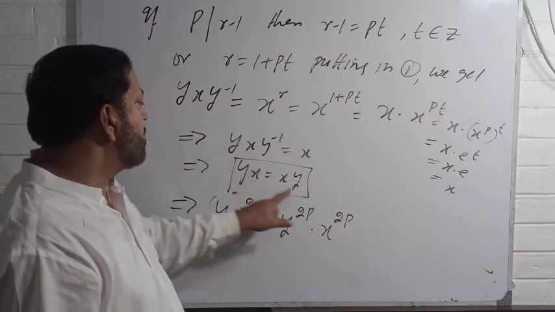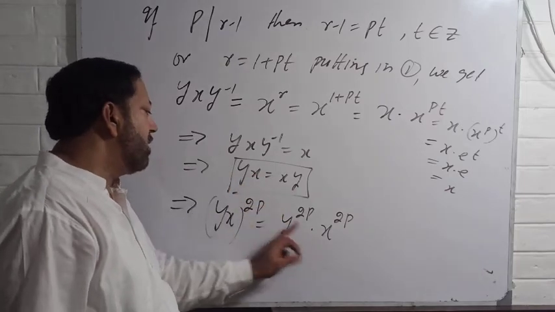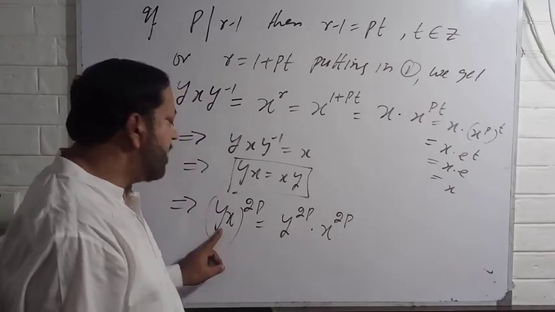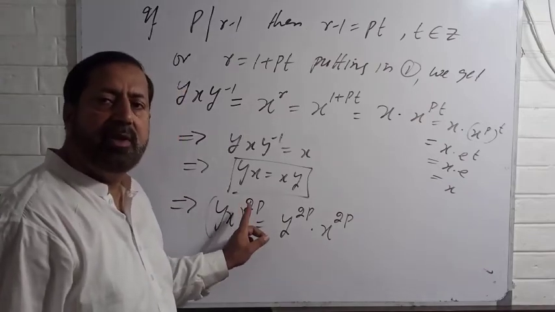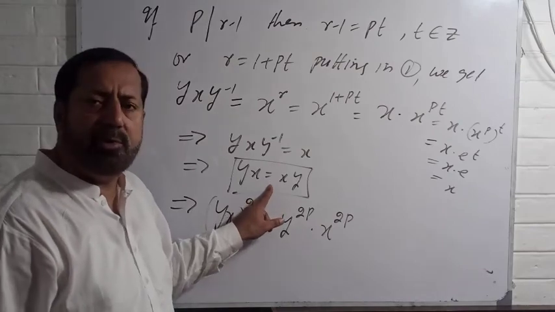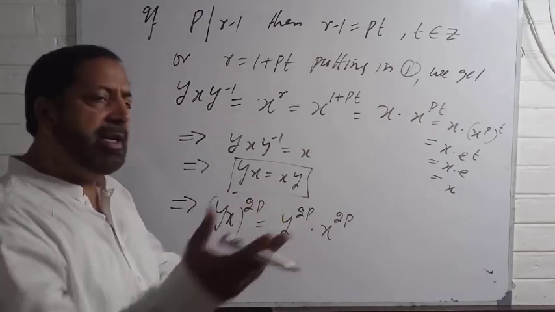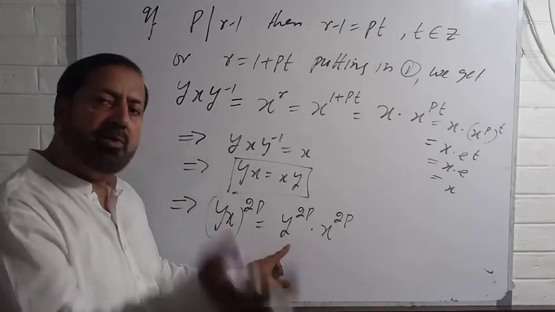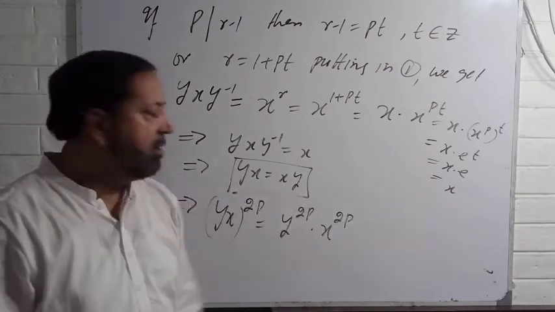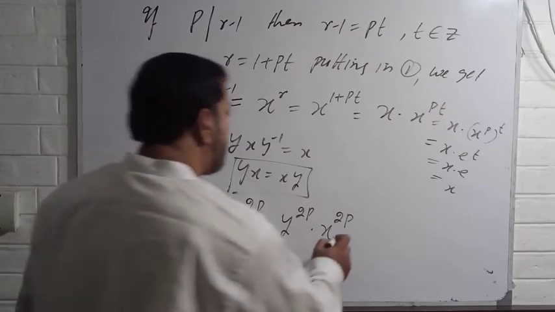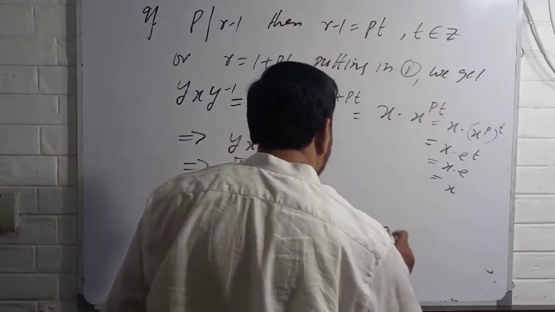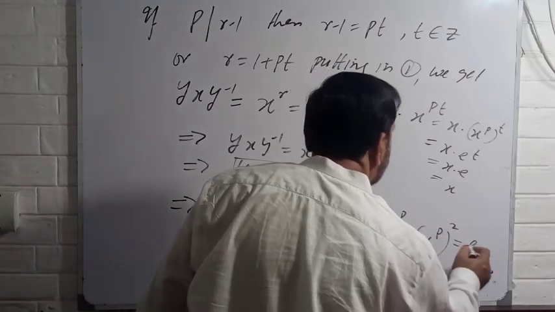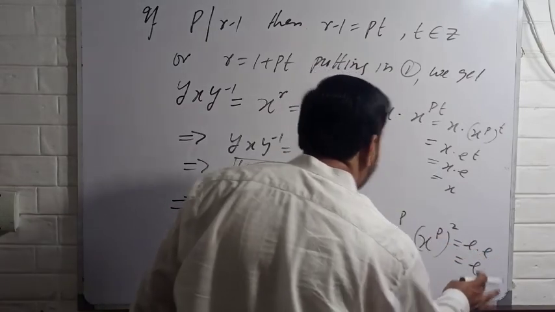So whenever yx is equal to xy, you can separate these powers, because this is in fact yx 2p times, and by using the commutative property you can swap x and y, x and y, until you get all y's on the left side and all x on the right side. So this is equal to y square power p into x power p square. This is e, which is e.